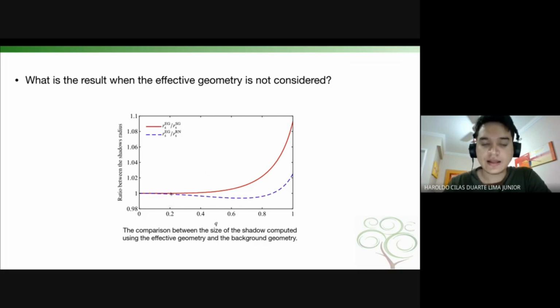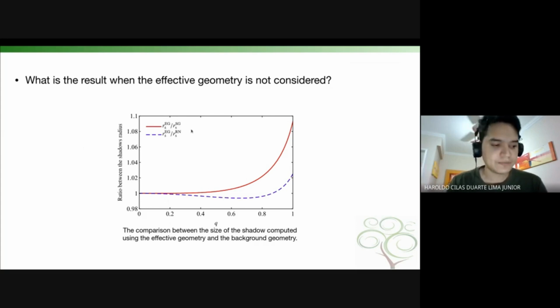We notice that this ratio between the shadow radius computed using the effective geometry and the shadow radius computed using the standard geometry, or the background geometry, is always greater than 1, meaning that the shadow edge computed using the effective geometry is greater than the shadow edge computed using the background geometry.